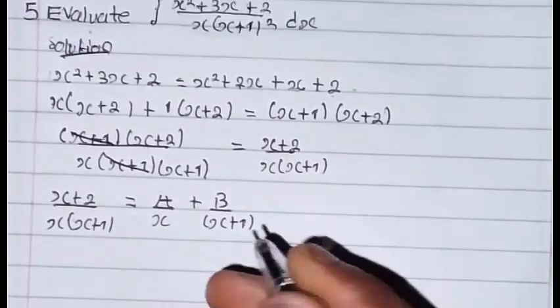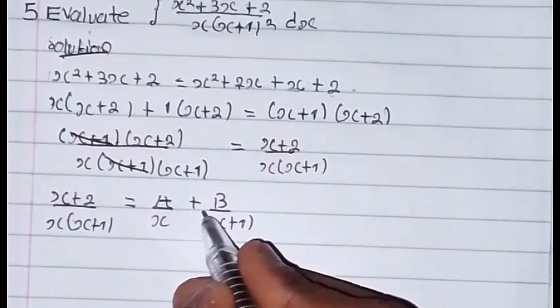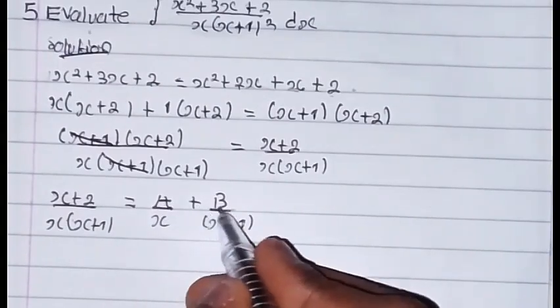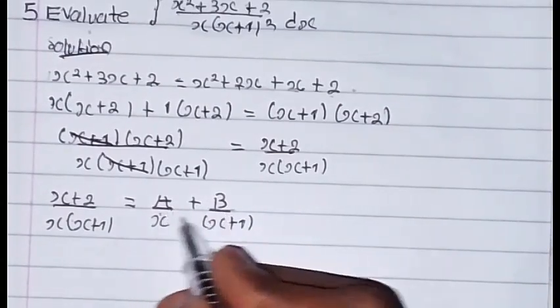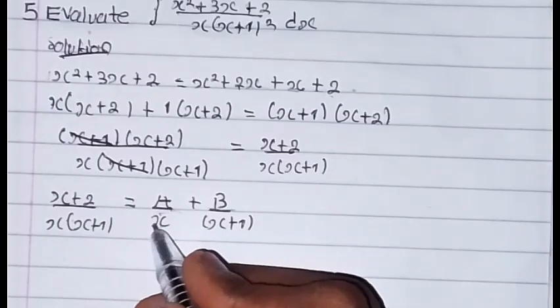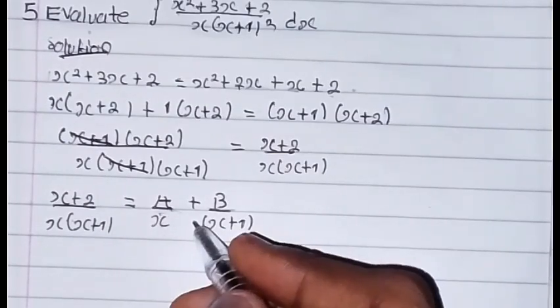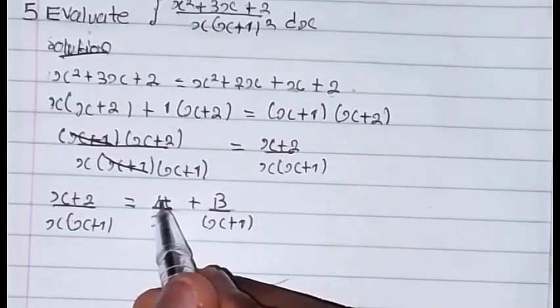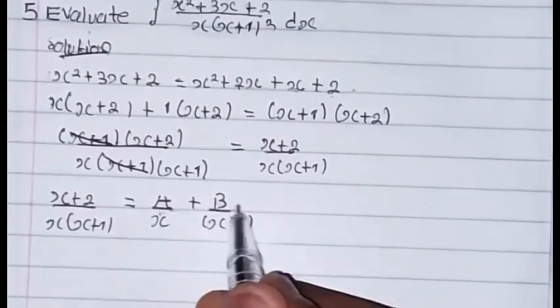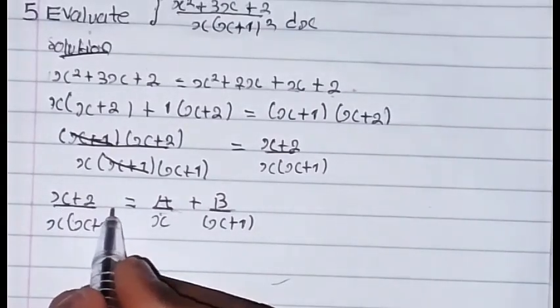So we're going to look for two numbers, a and b, such that when I find the LCM of the denominators, x and x plus 1, and do the operation, the values of a and b that form the numerator should be equal to this x plus 2.